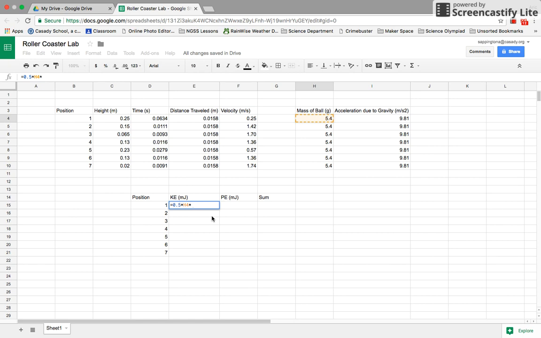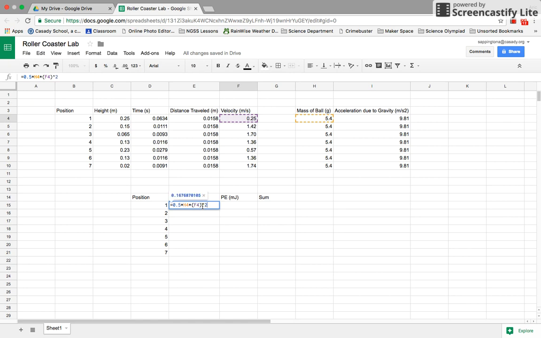times the velocity squared. So now what I'm going to need to do is put some parentheses, tell it to do cell F4, close parentheses, and then the way I do an exponent of 2 is I hit the shift 6 key, which is that little guy. I don't know what that's called, but somebody look that up and find out.